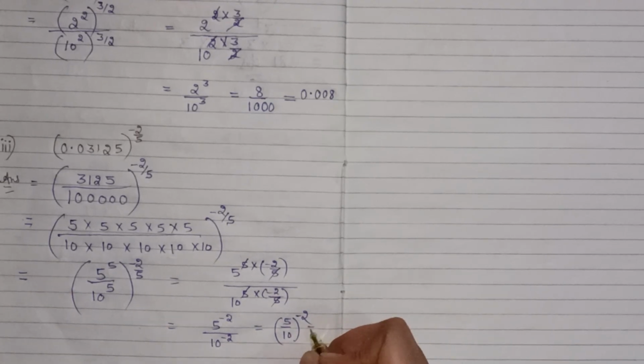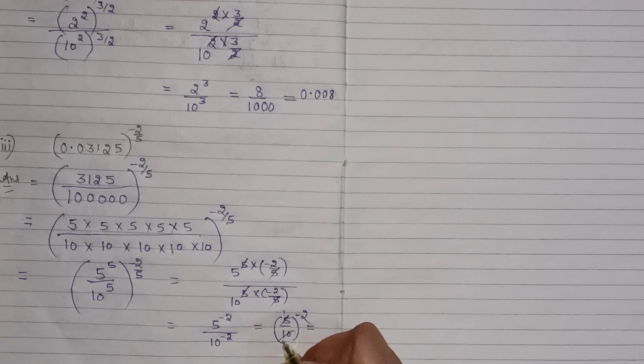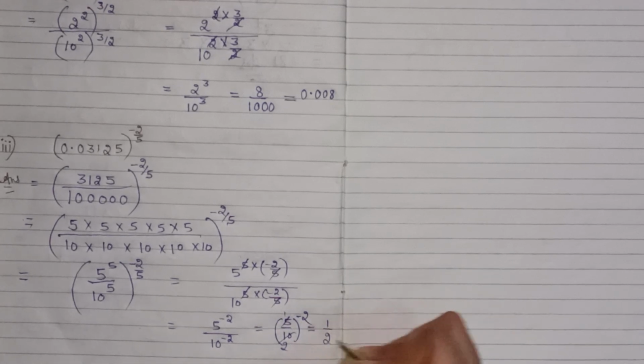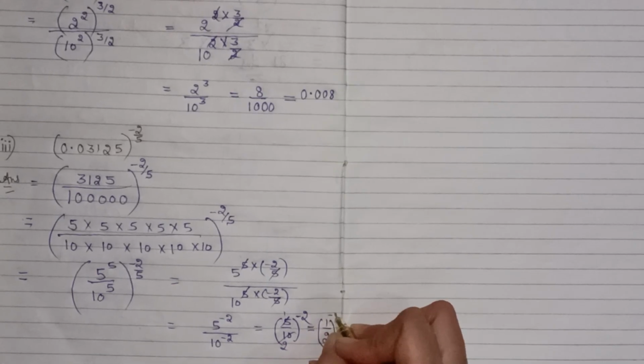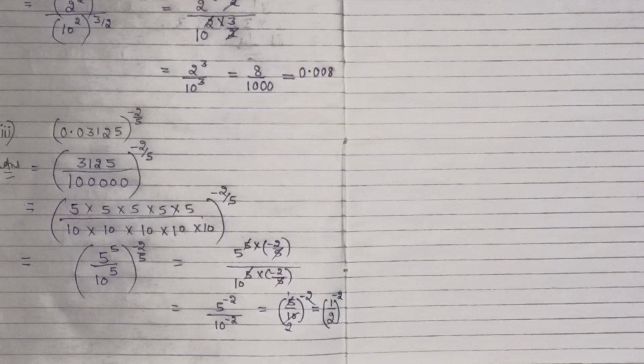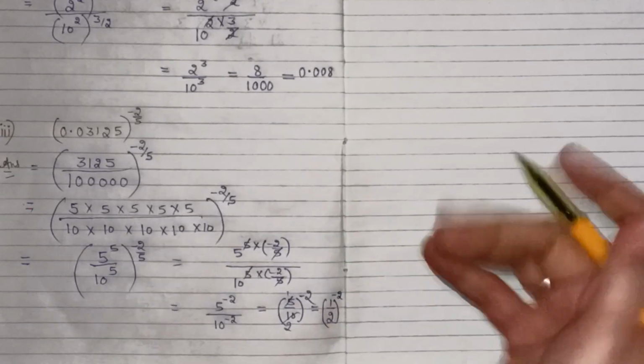I can also write 5 upon 10 as 1 upon 2: 5 ones are 5, 5 twos are 10. So we have 1 upon 2 raised to power -2. Now we have a negative exponent, and we have to make it a positive exponent.